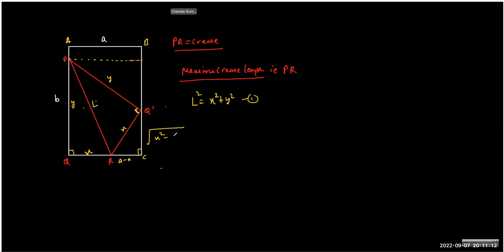The x square minus a minus x whole square, isn't it? This length Q dash to C, right? So this turns out to be how much? This will be a plus b, a minus b.